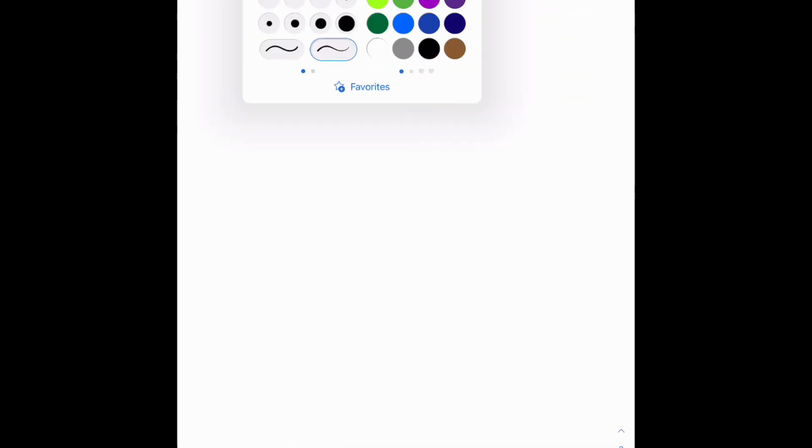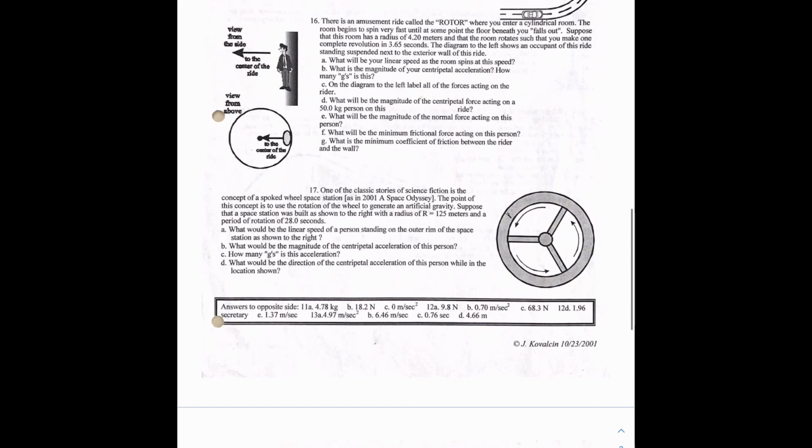I think the diagram on the left, the one they're referring to, is the one where the person's standing there, against the wall like this. And the floor is down here. Something like this, right?